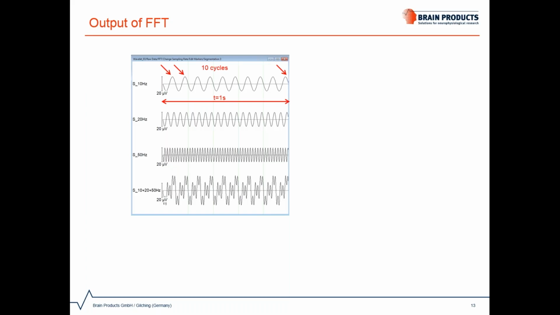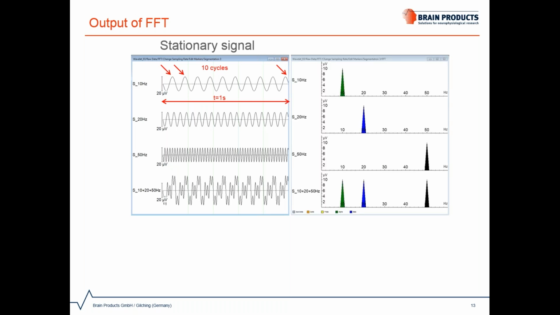These 4 rhythmic signals are stationary. This means that their spectral properties, which are the amplitude, frequency, and phase, do not change over time. So if we apply FFT to these signals, we will get their corresponding distinctive spectra as shown on the right. In the x-axis, we have frequency in Hertz, and the y-axis shows the spectral amplitude in microvolt. Because the Fourier transform decomposes a signal into a set of sinusoids, we would expect to see a single amplitude value at a single frequency bin.